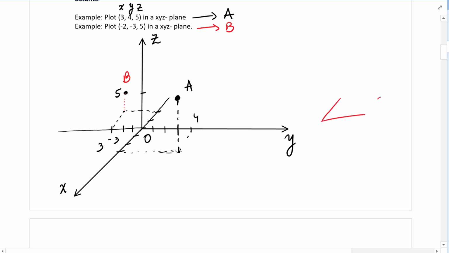So basically it's something like this, and from here you go up 5. I should go 5 at the same distance that I went here. So if this was 5, then I have to go 5 like this. So this would be the end of B, because this plane and this plane are at the same level, and from there we go up the same distance.